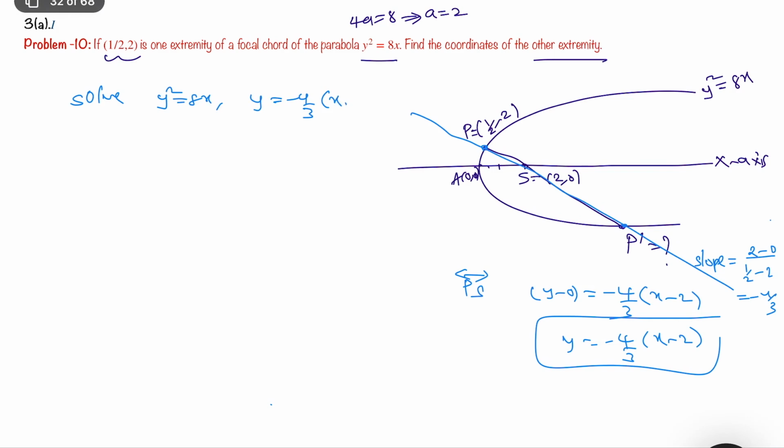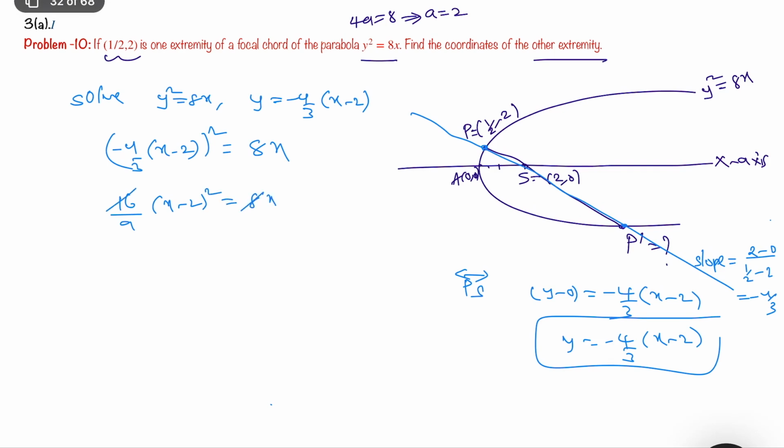Okay. Now let us solve these two equations, y square equal to 8x and y equal to minus 4 by 3 times (x minus 2), simultaneously. What we do, simply substitute this y in the first equation. So (minus 4 by 3 times (x minus 2)) whole square equal to 8x. So 16 by 9 (x minus 2) whole square equal to 8x.